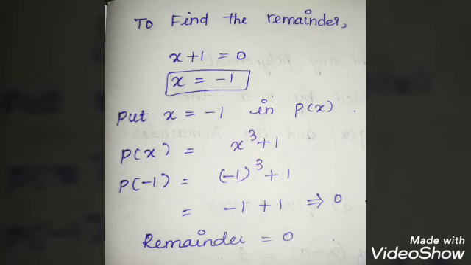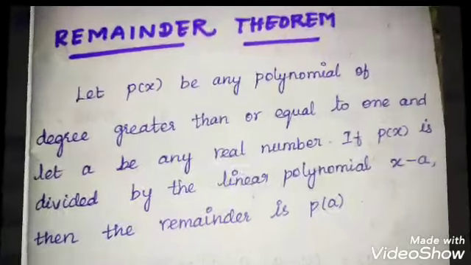So substitute x equal to minus 1: minus 1 the whole cube plus 1. Minus 1 the whole cube becomes minus 1, plus 1. Minus 1 and plus 1 give you 0. Have you checked your remainder? In the problem, we got the remainder as 0. We checked, and now also we got the remainder as 0.